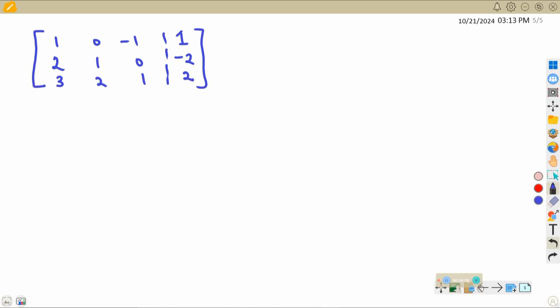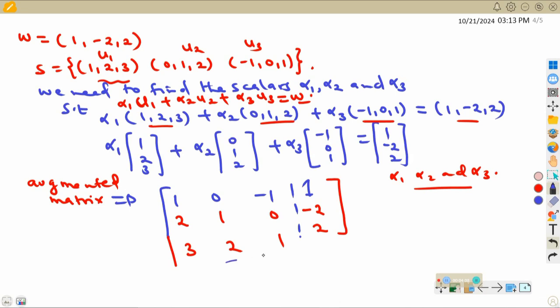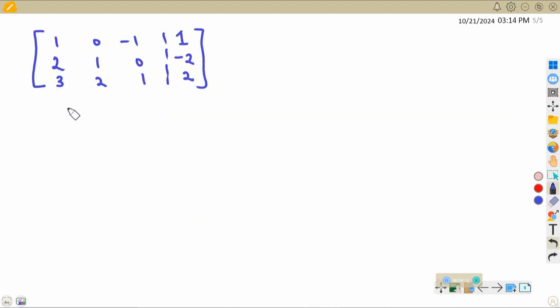That is the matrix we are considering. Let us use row operations. We shall apply the first operation: negative 2 times row 1 plus row 2 to give us row 2. We shall also consider negative 3 times row 1 plus row 3 to give us row 3.